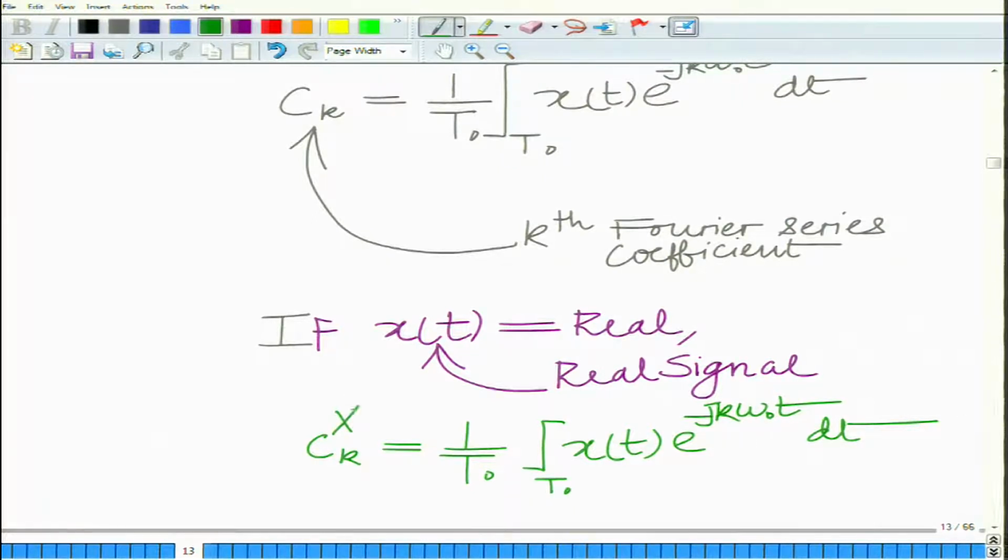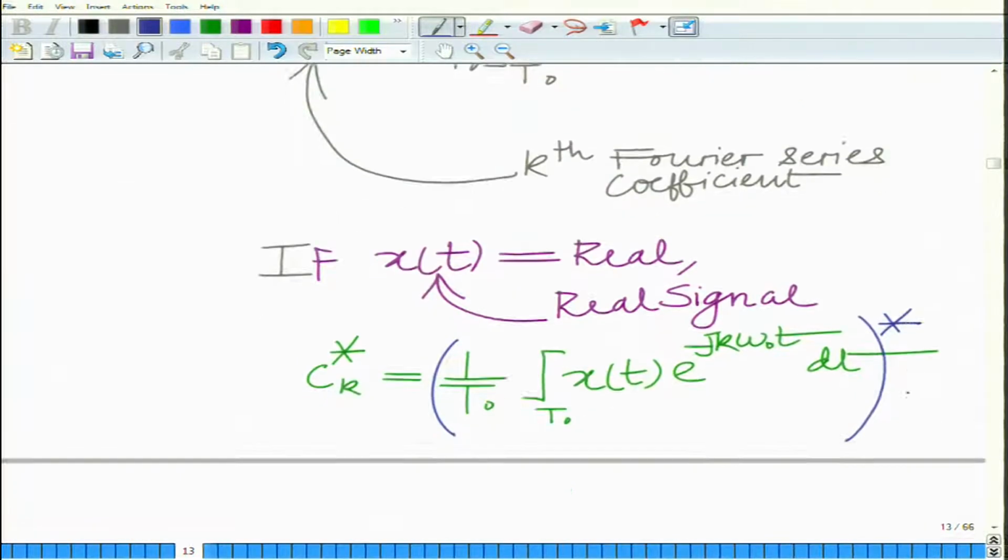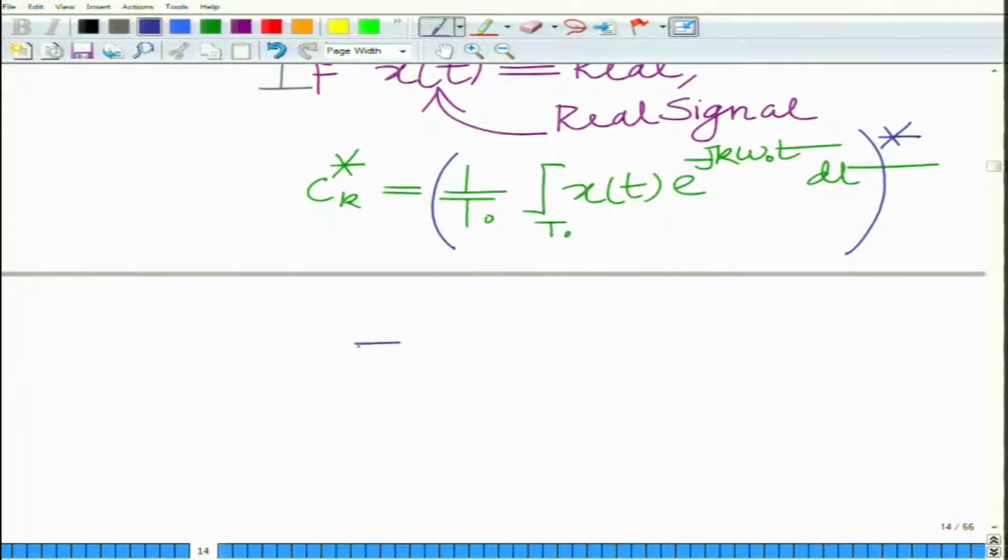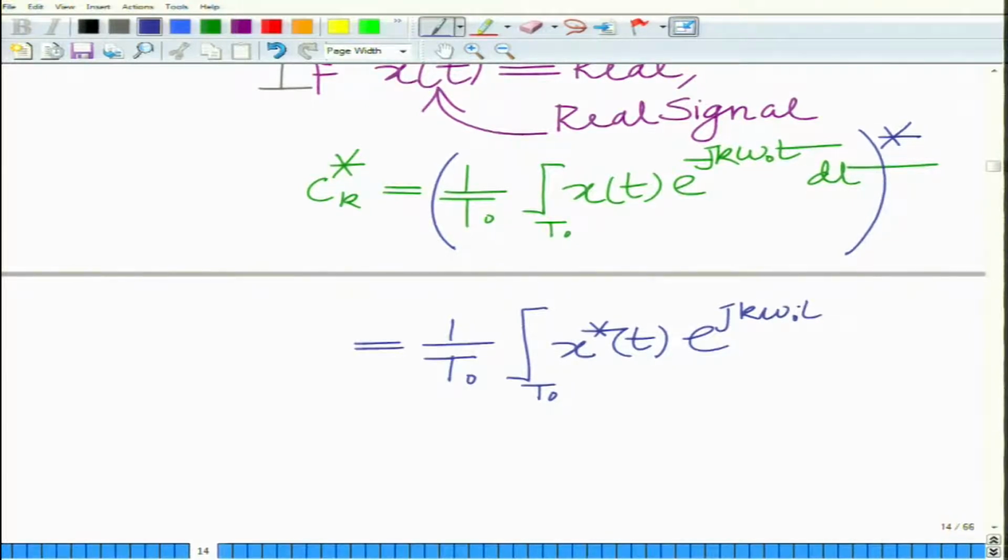Now, if I take Ck conjugate here, that will be the conjugate of the right hand side, and now if I bring the conjugate operation inside, obviously T naught is real, that is the time. So, I will simply have 1 over T naught integral over T naught x conjugate t e raised to minus j k omega naught t, conjugate of that is e raised to j k omega naught t dt.